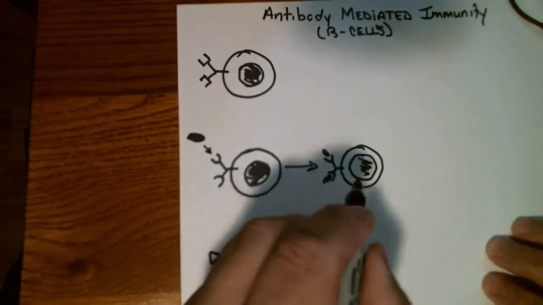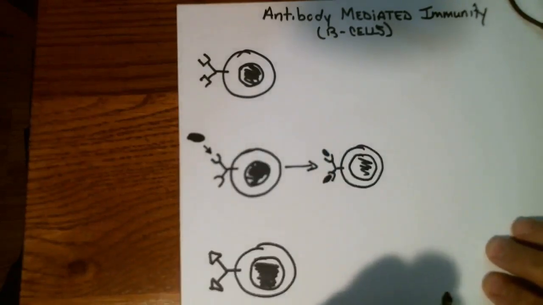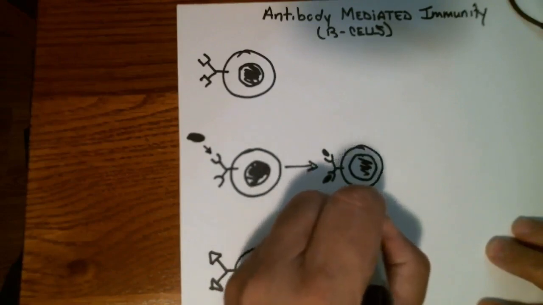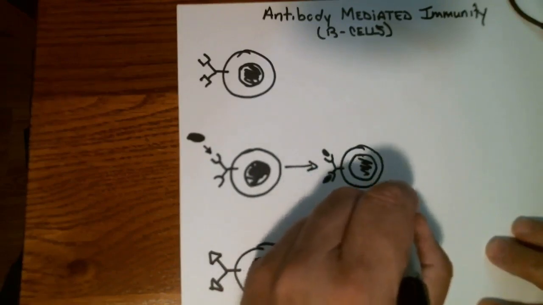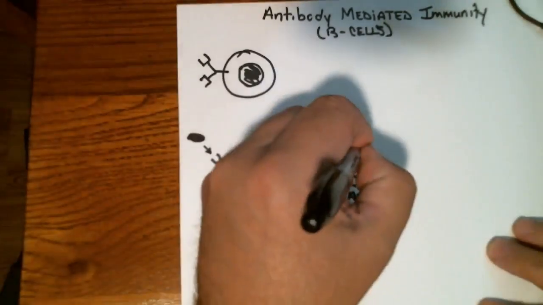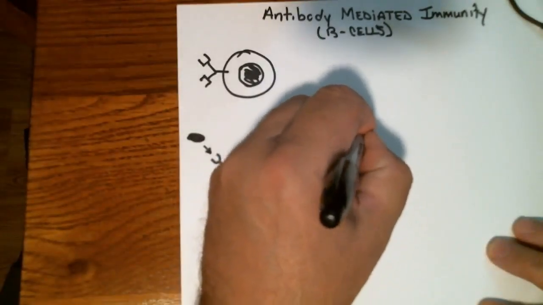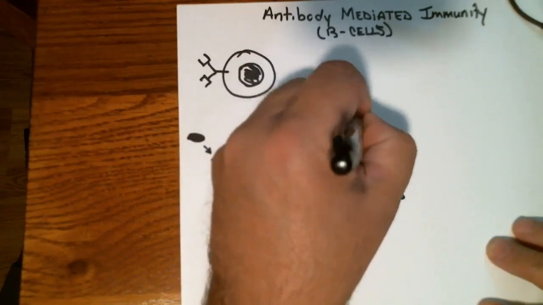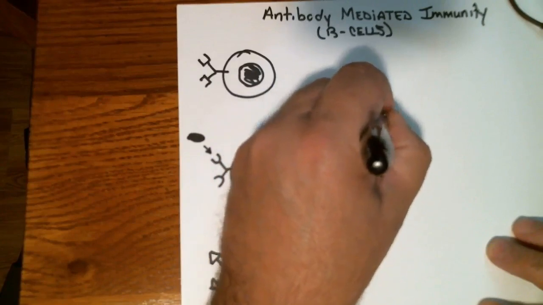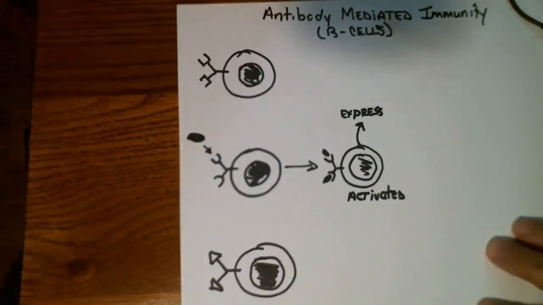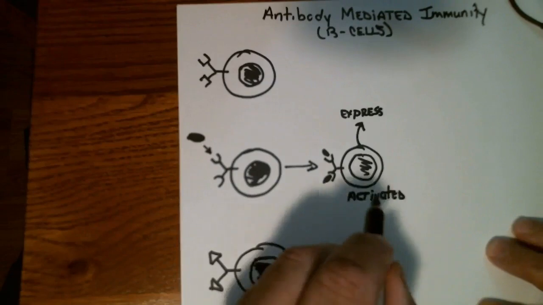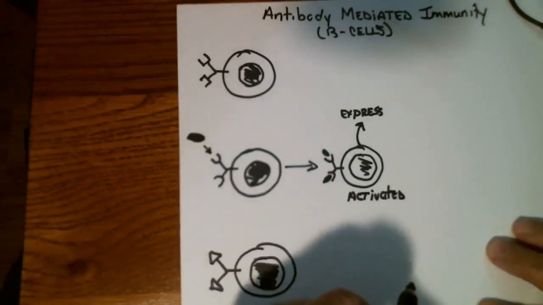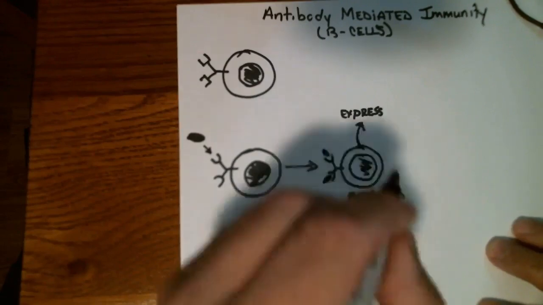With that receptor binding, once the antigen binds to the receptor on the antibody, that B cell is going to be activated. And once it's activated, it is going to begin to express antibody. What antibody? Antibody with the same exact receptor on its surface that the activated B cell has.